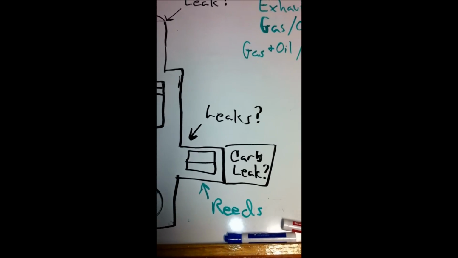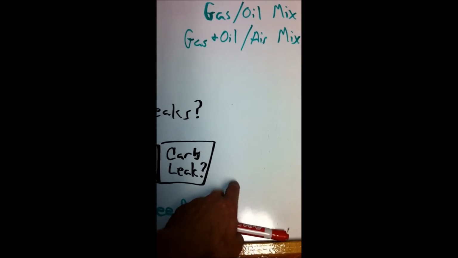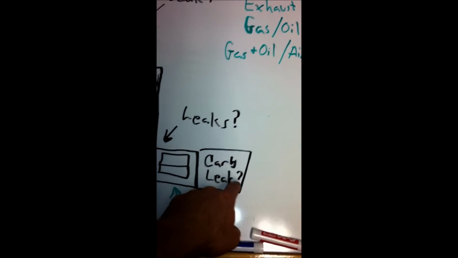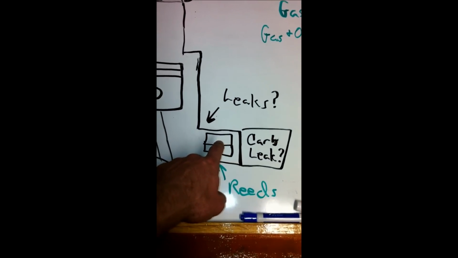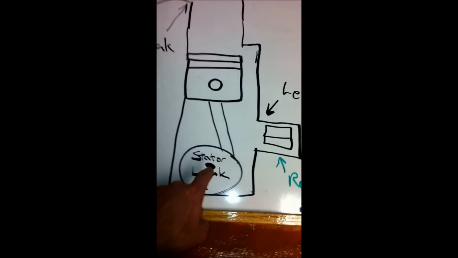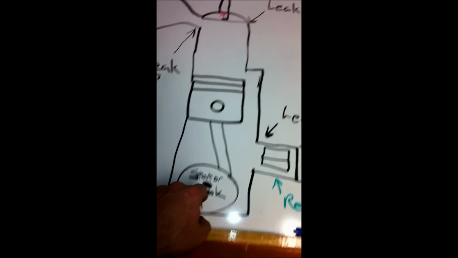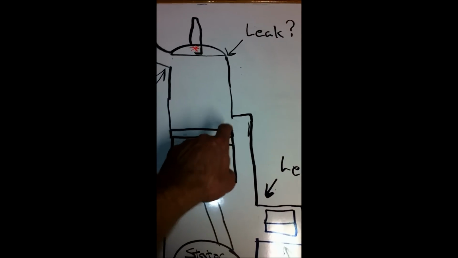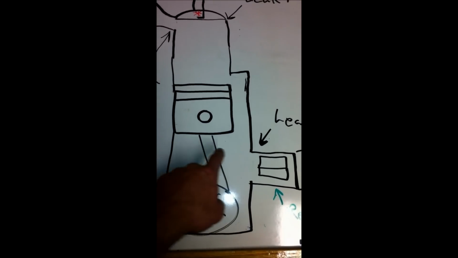The usual intake leak spots can be your airbox, if your airbox lid isn't sealed, which comes right before the carb over here, where your carb clamps onto your airbox, where your carb attaches to your reed valves, where your reed valves attach to the intake part of your motor, your stator side or clutch side on the crank, your base cylinder gasket, which in real life is going to go right about below the piston level, at the base of your cylinder.